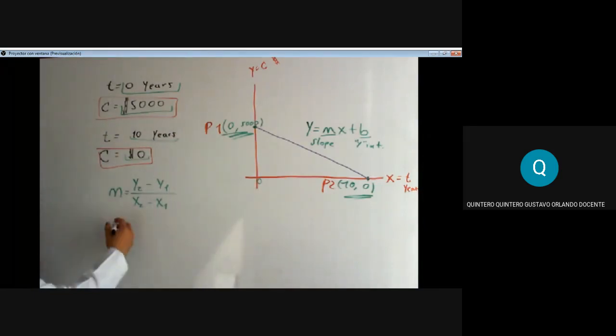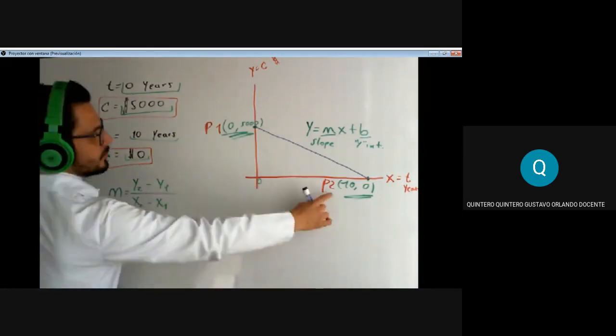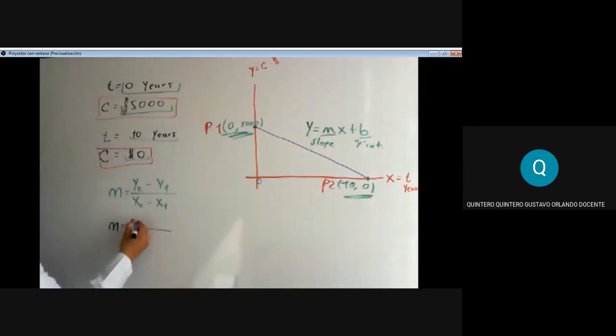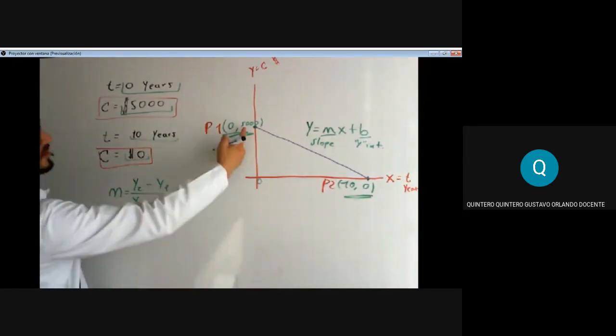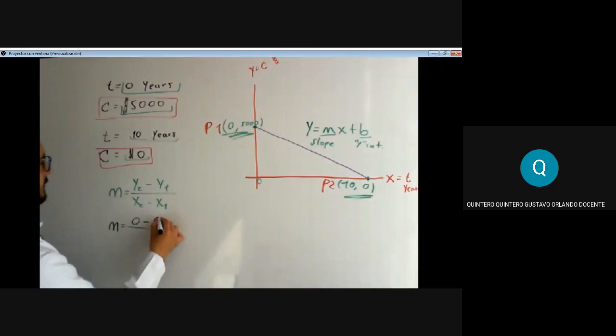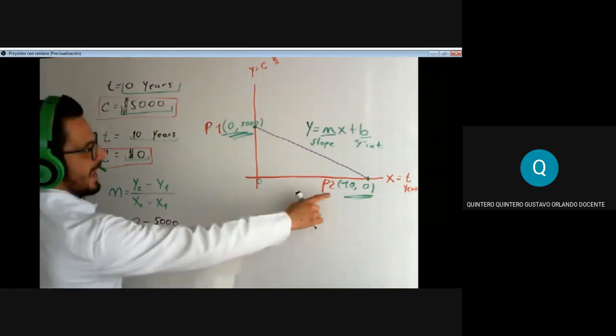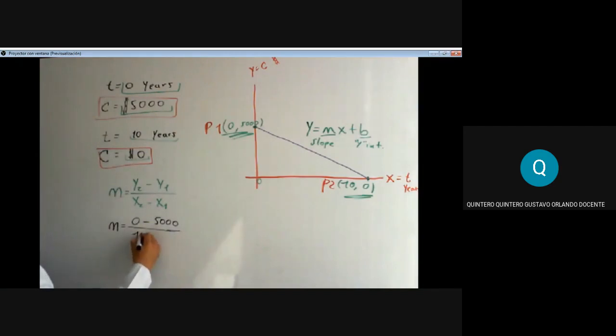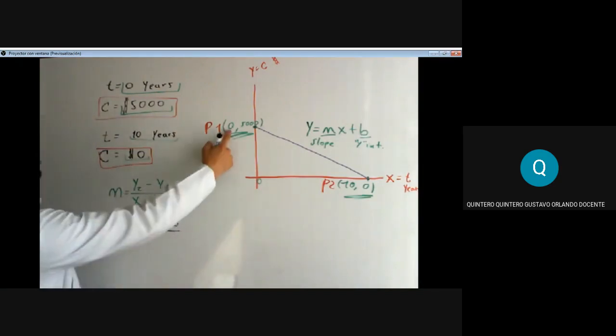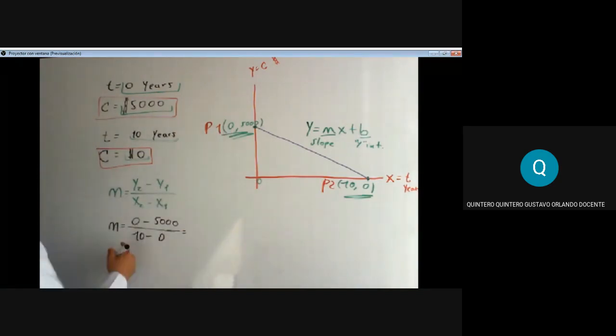Our slope will be y2, which is the y of the second point, so 0, minus y1, which is the y of the first point, so 5,000, over x2, which is the x of the second point, in this case 10, minus x1, the x of the first point, so 0. So this will be negative 5,000 over 10.